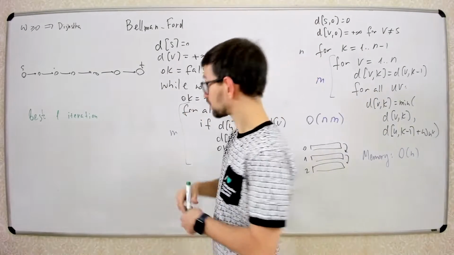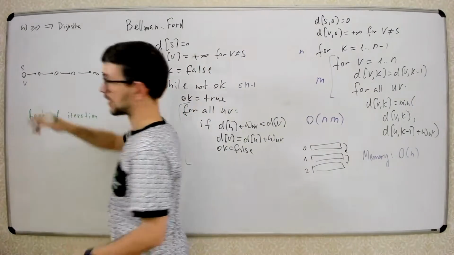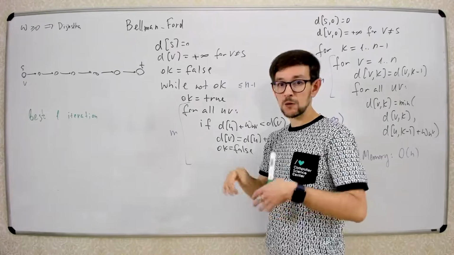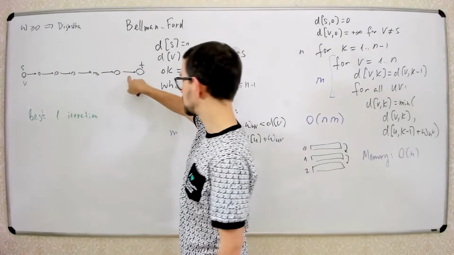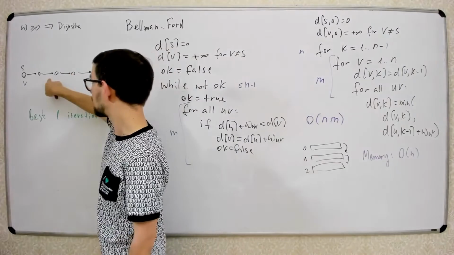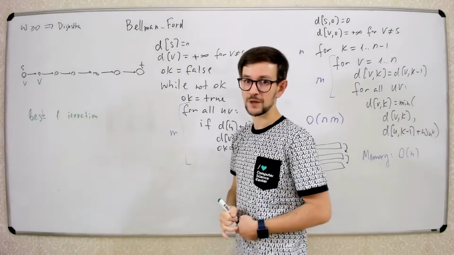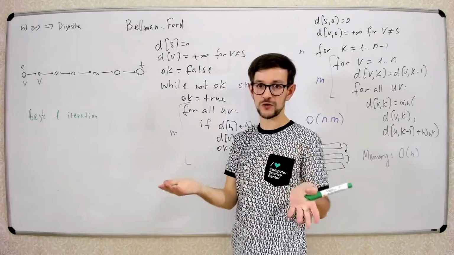First, you have the correct distance calculated only for the node S. Now you go from right to left. You apply this operation here. You don't change anything. You apply it here, here, here, here. Then you go here. Now you know the distance to this node. And that's all. The first iteration finishes.